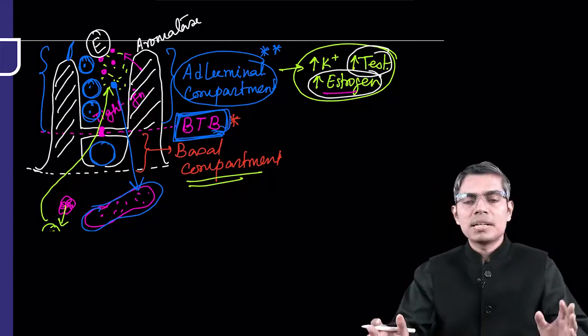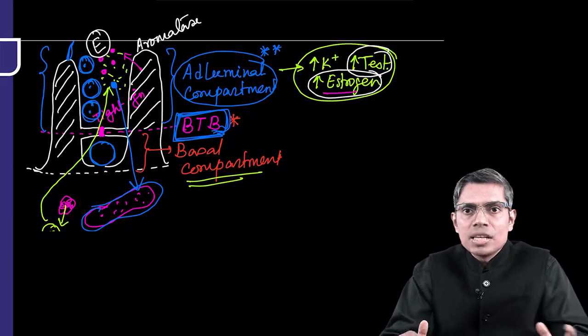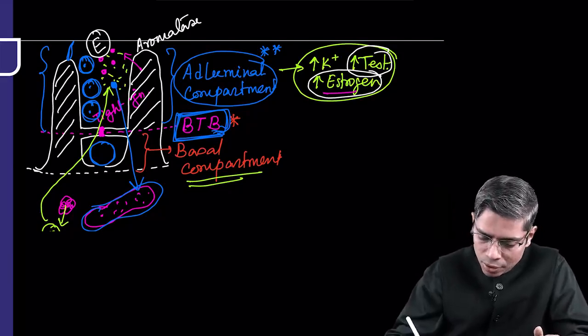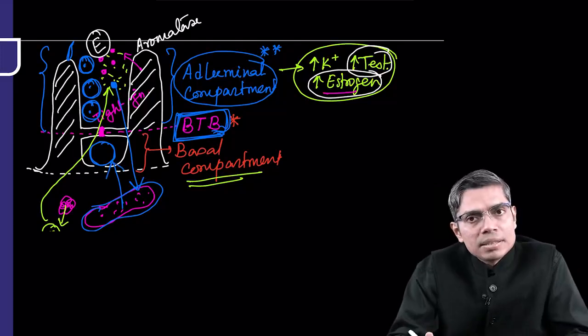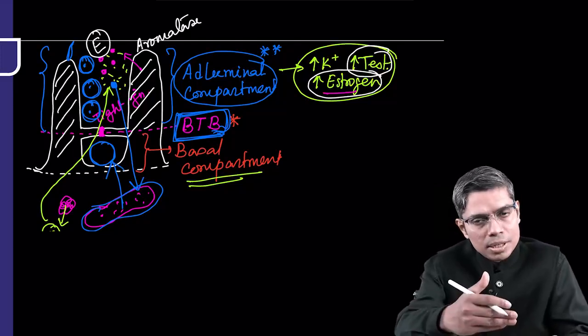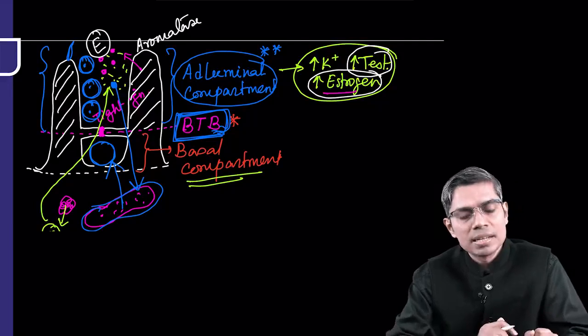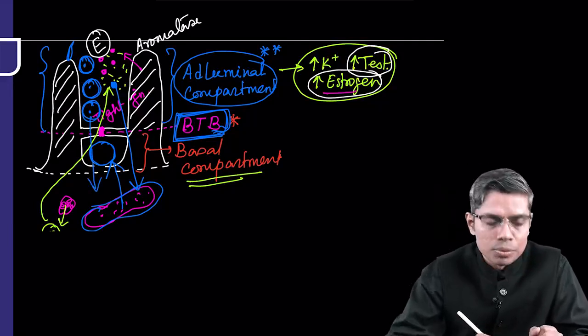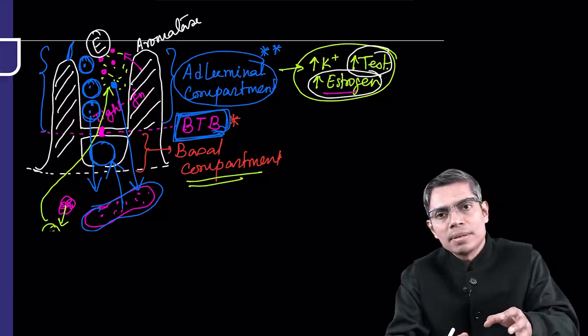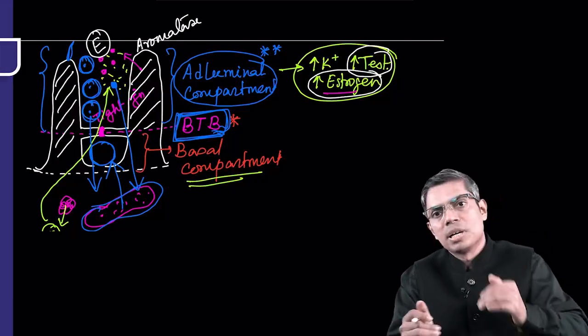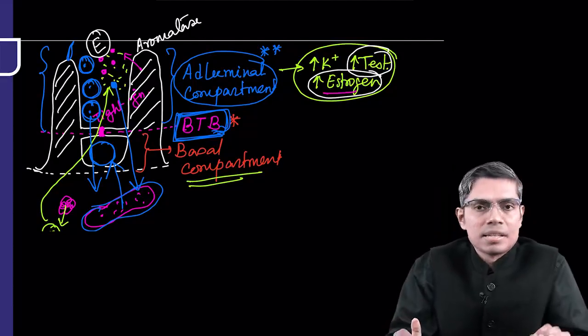So basically the blood testis barrier is acting in two ways. It is preventing any toxin from entering from blood to the adluminal compartment, and the other way is also true. It is preventing any antigenic component from the adluminal compartment from reaching the blood. So this way the blood testis barrier is very important.